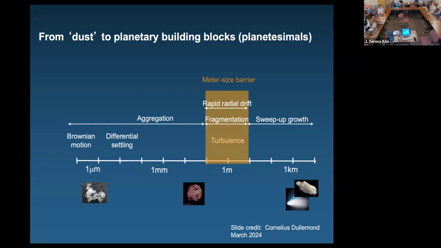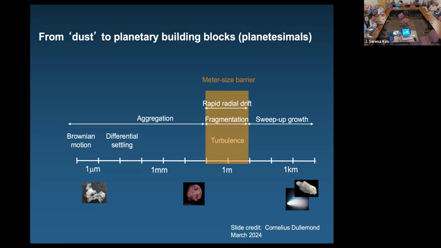But to make a long story short, an aggregation process, the physics of the disk, tells me that we can build dusty, fluffy dust grains up to some scale at which they start to break apart because the impact velocities may be too large. The turbulence dictates then how large these dust particles can become.